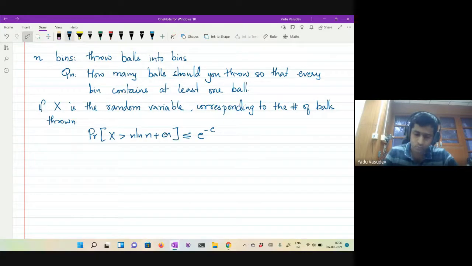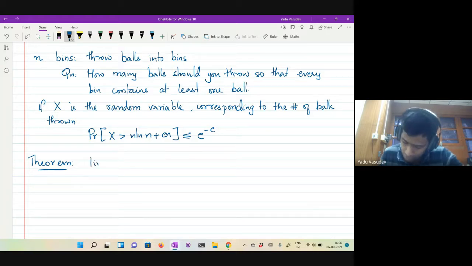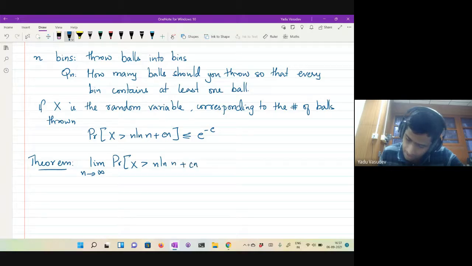What we will actually prove is the following. If x is the number of balls thrown, then what you are going to show is that the limit as n tends to infinity of the probability that x is greater than n ln n plus cn is equal to 1 minus e to the power minus c.